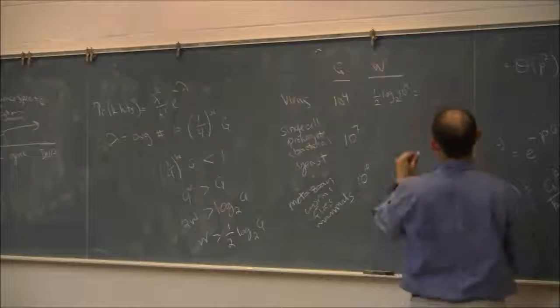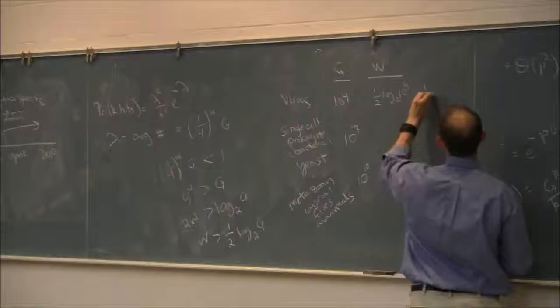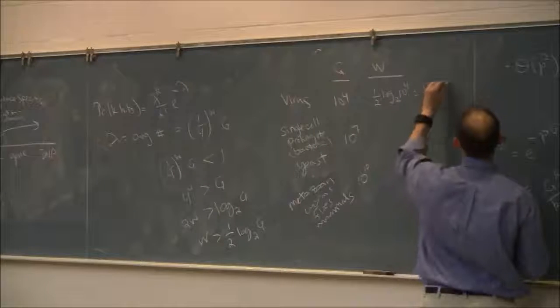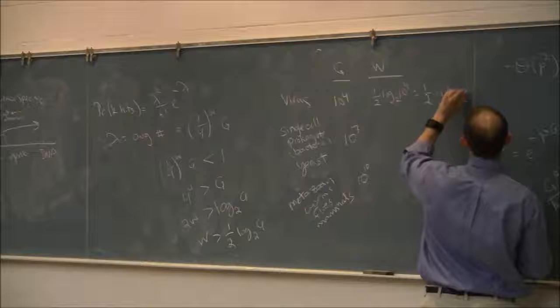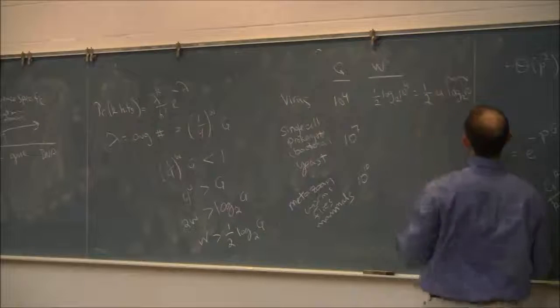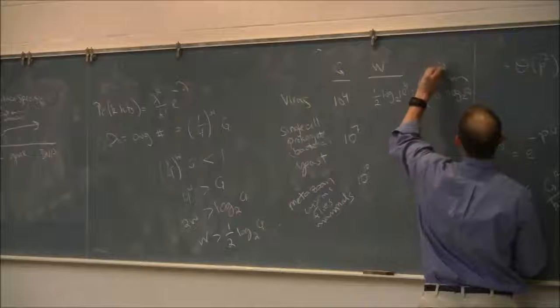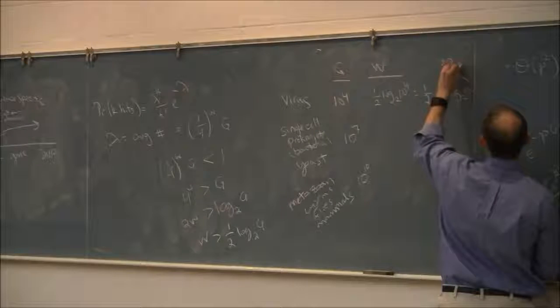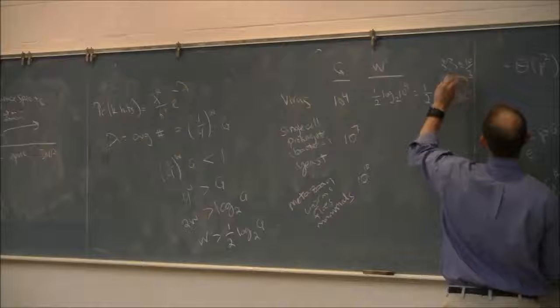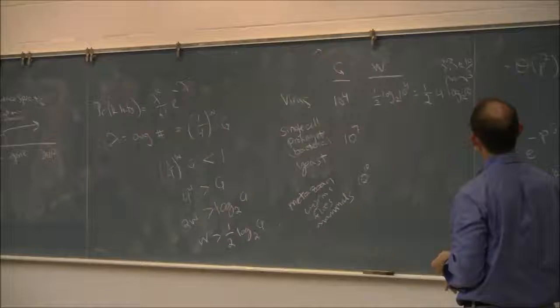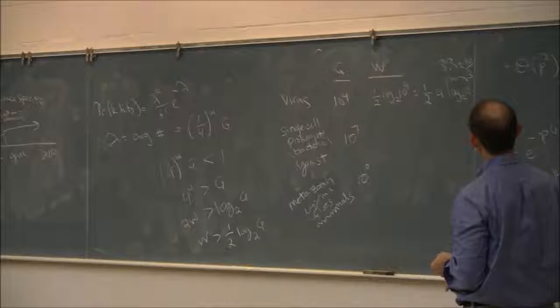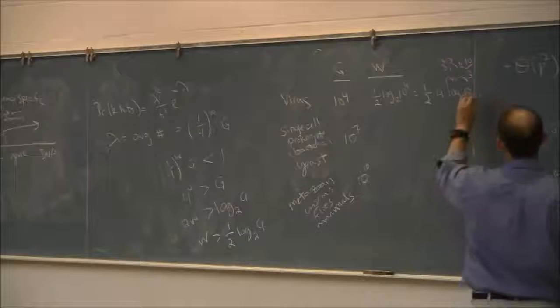So that's equal to 1/2 times 4 times the log 2 of 10. And the log 2 of 10 is about 3.3, so I'll write that as, say, 10/3. So we get 20/3, which is about 6 to 7.